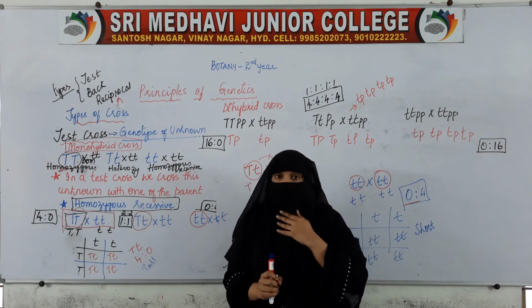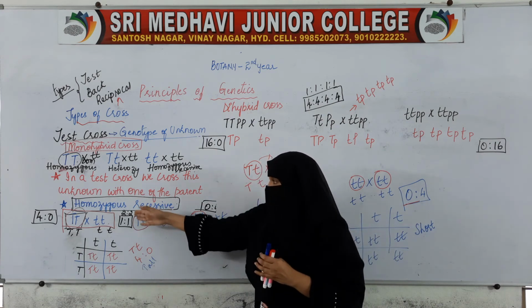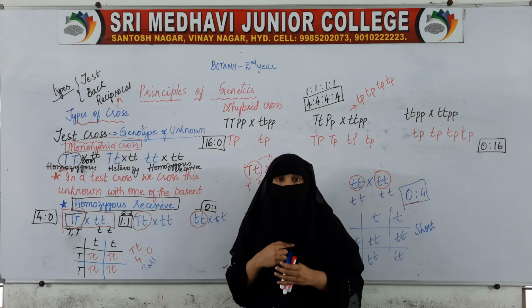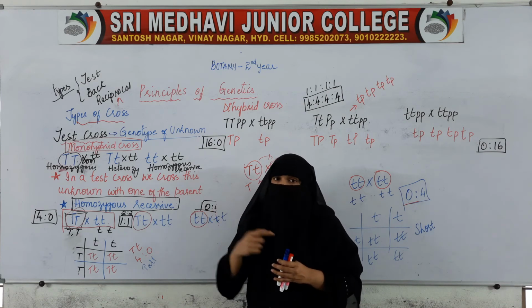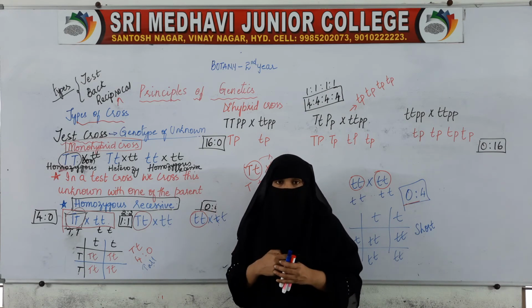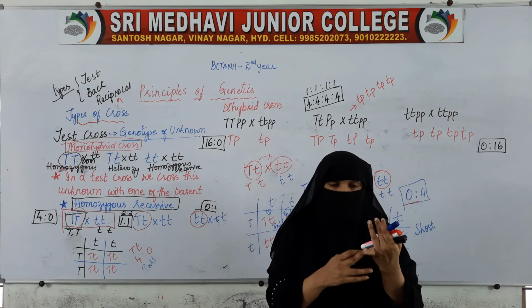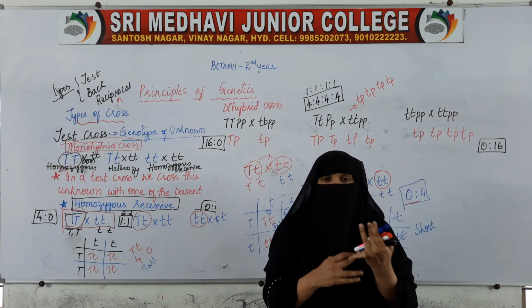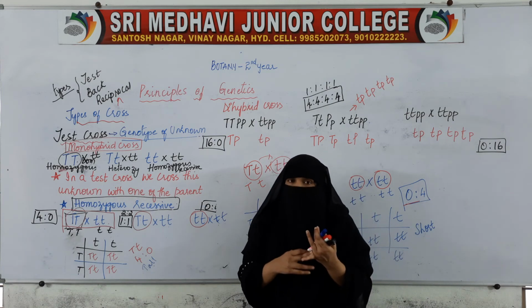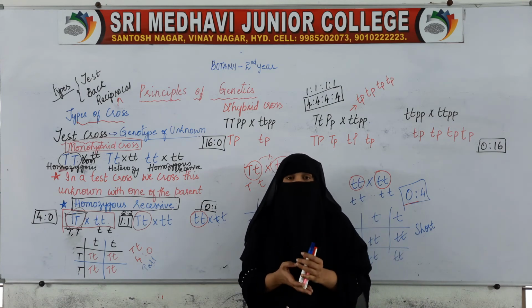Now in the test cross, for easy understanding, we have already taken the unknowns. The unknown can be homozygous dominant, homozygous recessive, or heterozygous. We don't know which one.